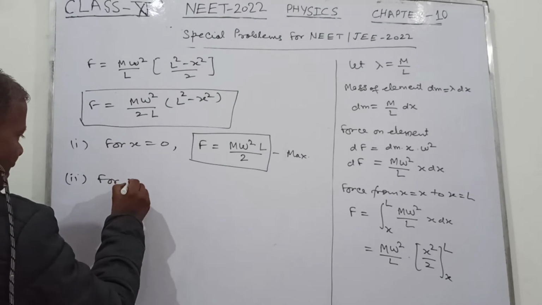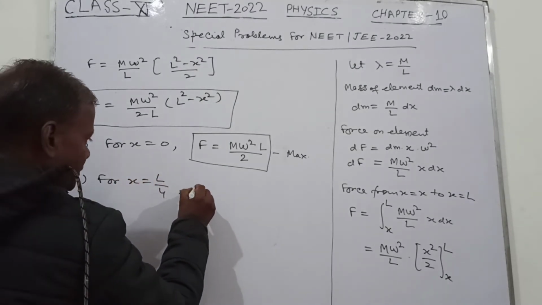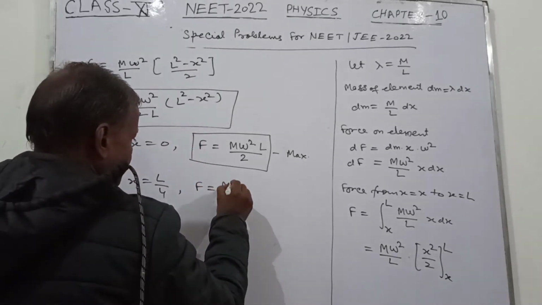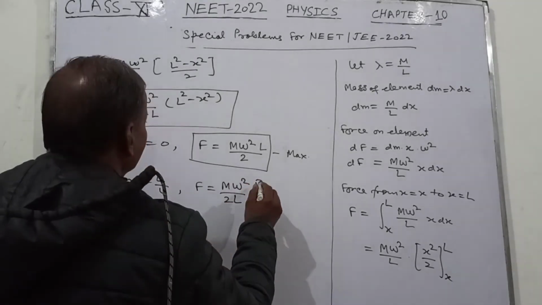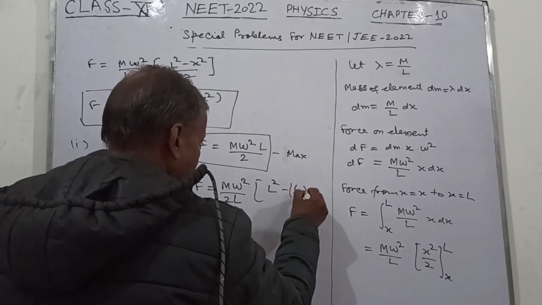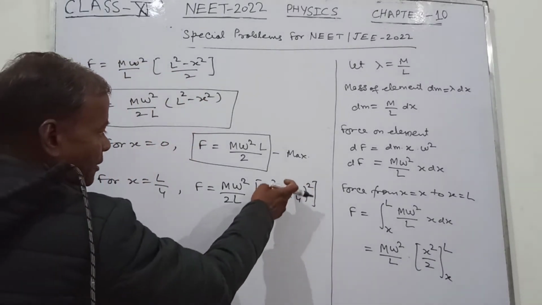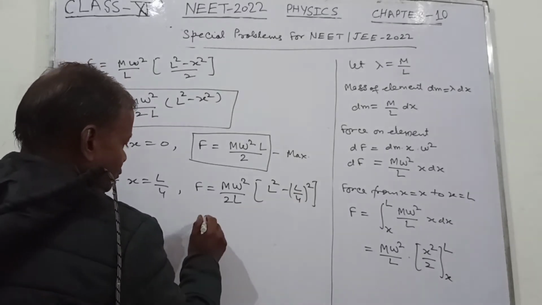For x equal to L/4, F is equal to m omega square upon 2L into (L square minus (L/4) whole square). So this is 15 upon 16, and with the 2 it is 32.